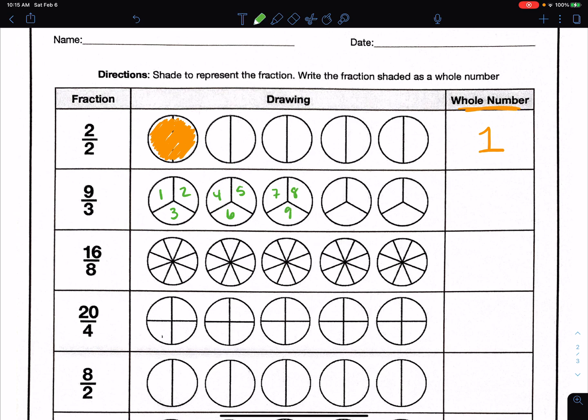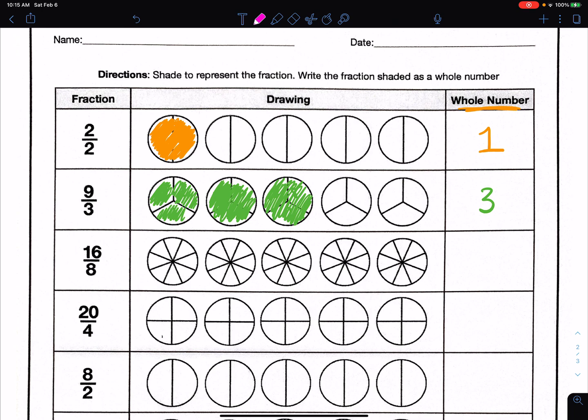So I know that I would need to shade those 9 pieces in to give me 9/3 shaded. With my shaded pieces, I can see that that gives me 1, 2, 3 wholes.